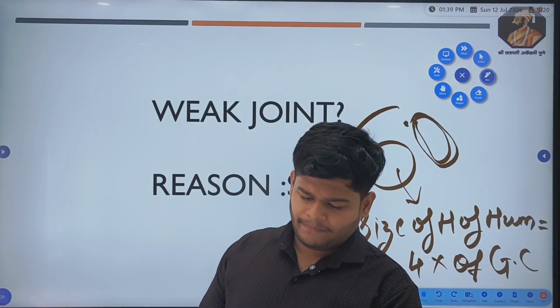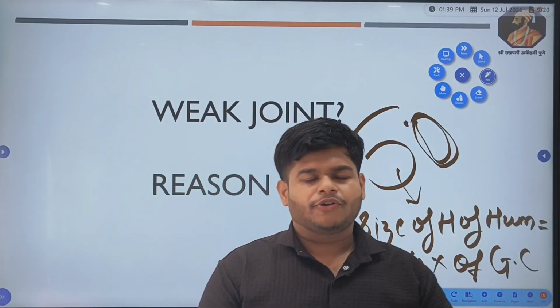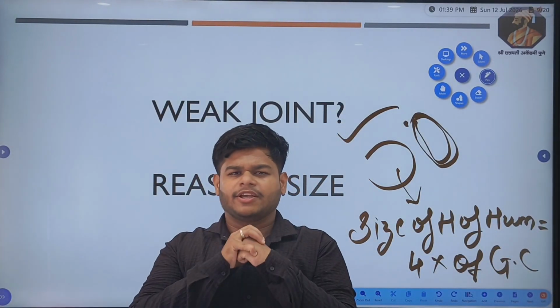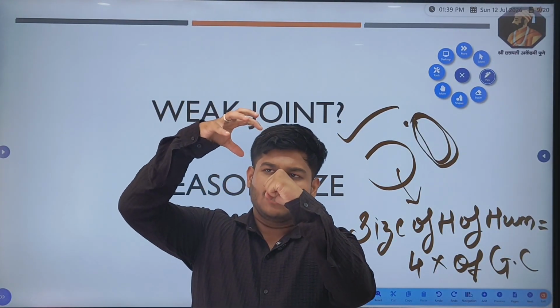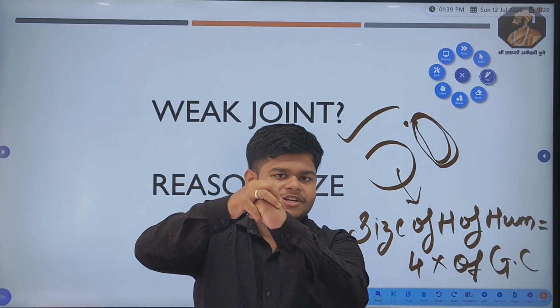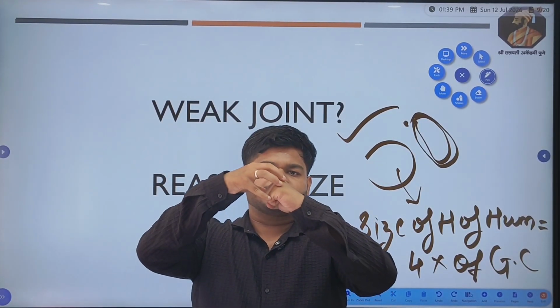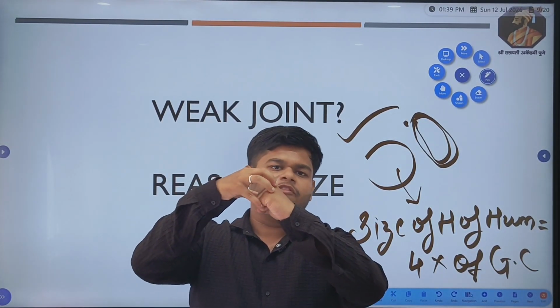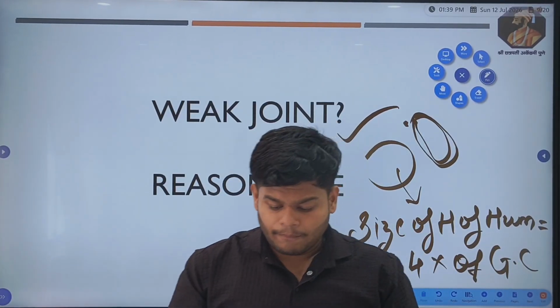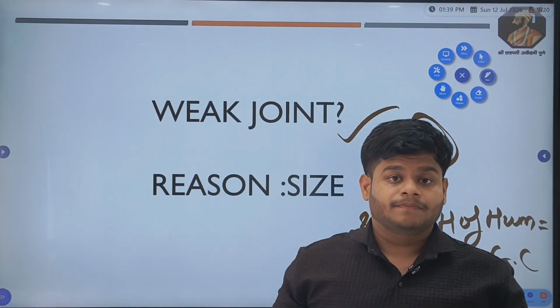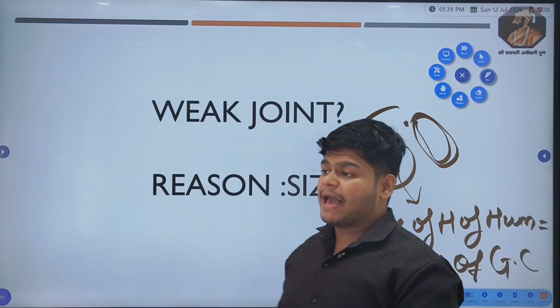Consider, whenever you need to hold something tightly, you need to cover it fully. But here it is not fully covered, only partially covered, so it is weakened. But this is an adaptation to allow maximum movement.